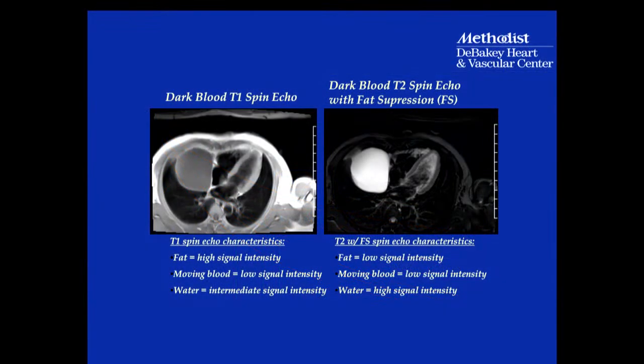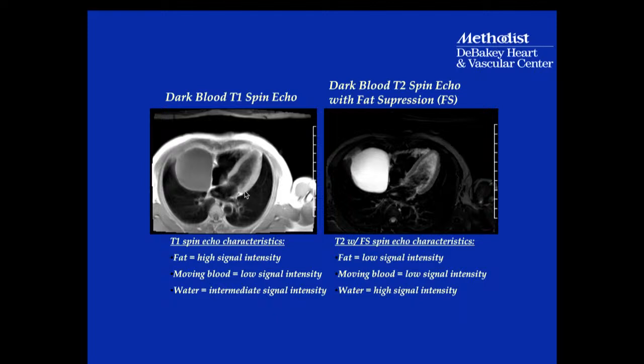Okay, so far, if you do your imaging with a certain set of parameters, for the exact same imaging plane, you can then make things appear different, right? What I have on the left-hand side is a T1 weighted sequence.